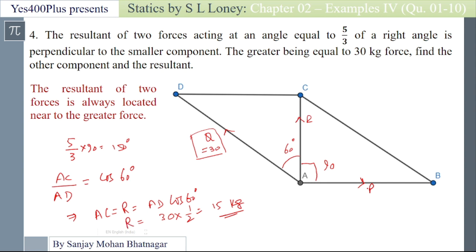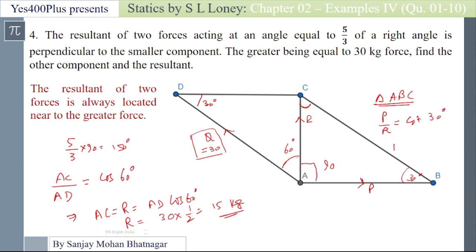और अब P की बात करते हैं. Now this is 60, so obviously this is 30 degree. In other words, ऐसे भी बोल सकते हैं कि this is 60, so this is also 60. ठीक है. So now taking into consideration this triangle ABC, then obviously P upon R is equal to cot 30.